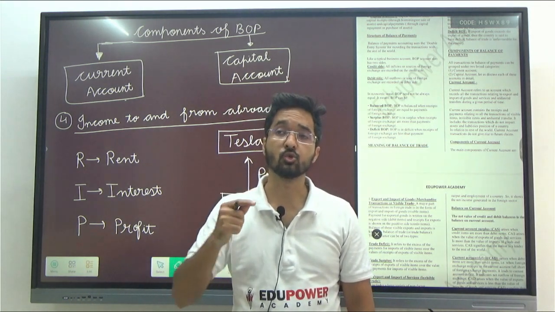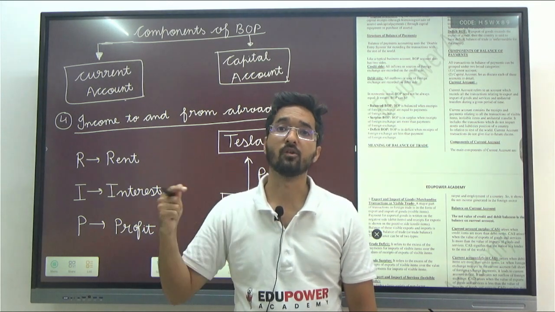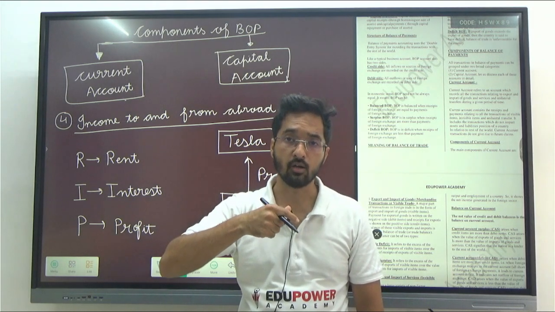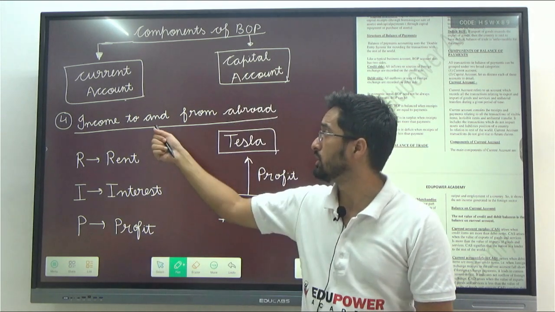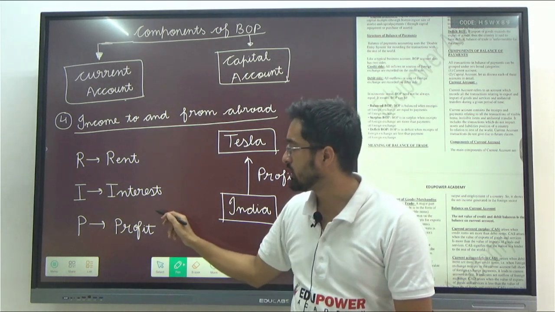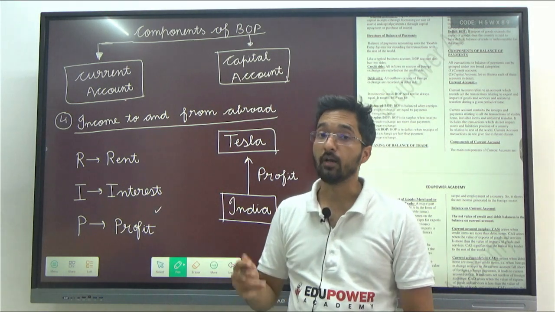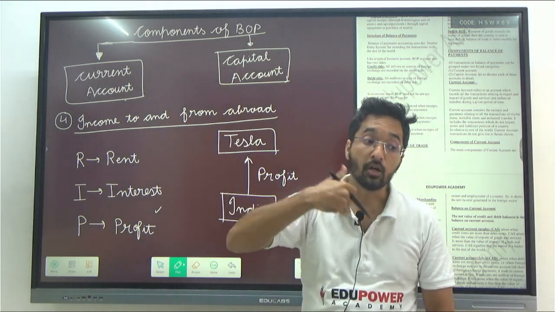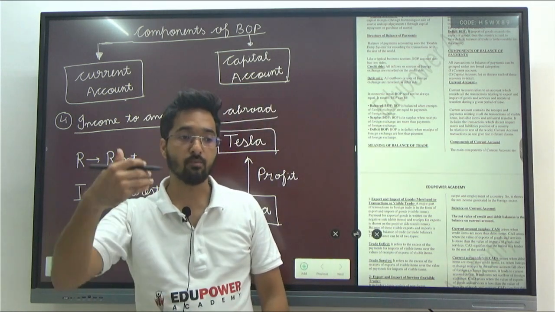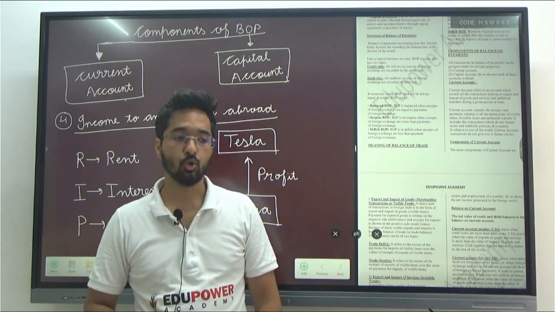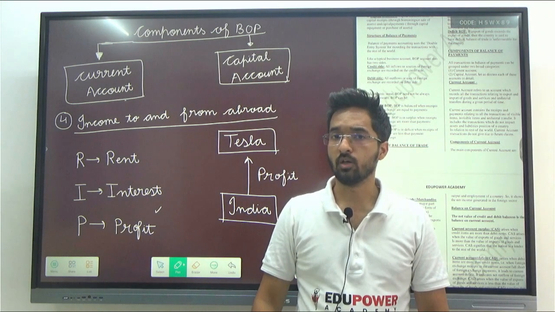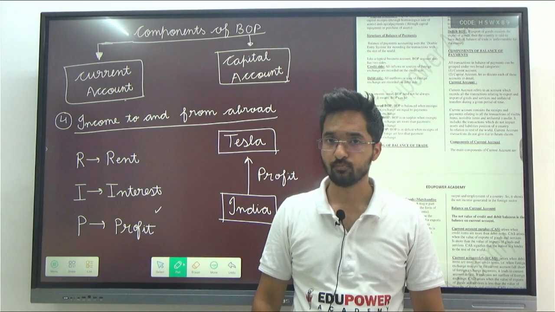Whatever profit he gets back from that plant will come under income from abroad, and it will be recorded on the credit side of the BOP and not on the debit side, because that money has actually flowed to India.